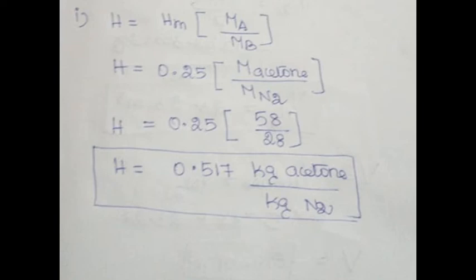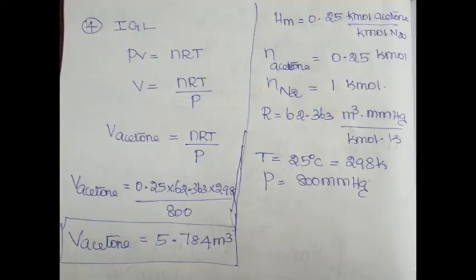Hm is already a calculated value. Substitute here. Molecular weight of acetone 58, molecular weight of nitrogen 28. Find out absolute humidity 0.517 on a weight basis. So what is the unit of absolute humidity? Kg of acetone divided by kg of nitrogen.